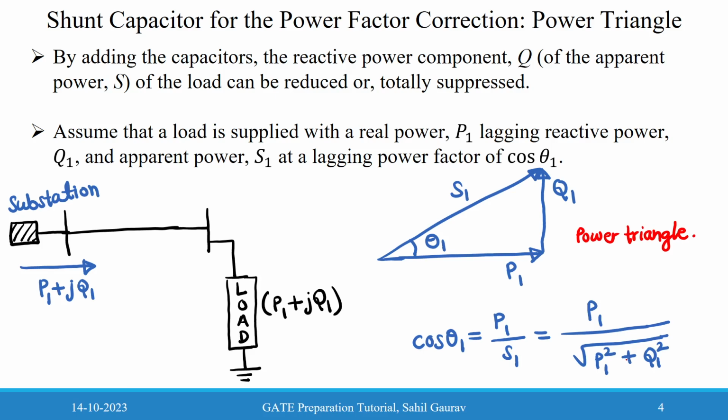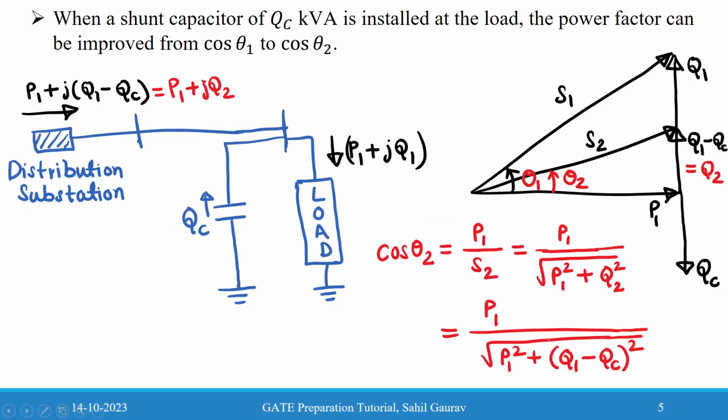Now we do the reactive power compensation, or we improve the power factor, by using a shunt capacitor. When a shunt capacitor of QC kVAR is installed at the load, the power factor can be improved from cos theta 1 to cos theta 2.